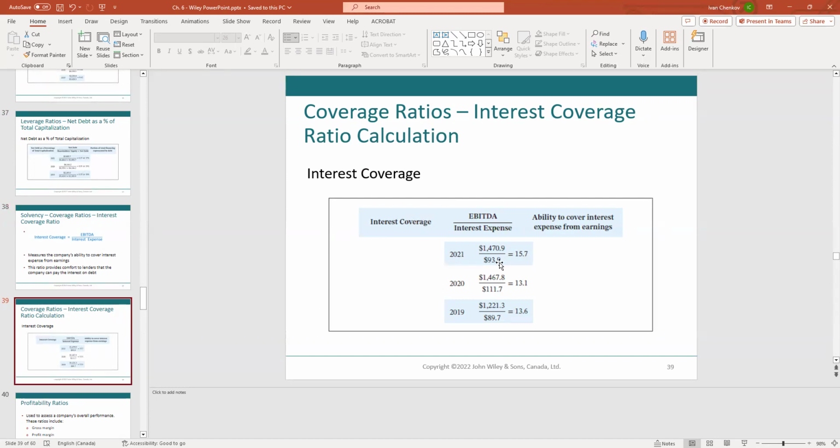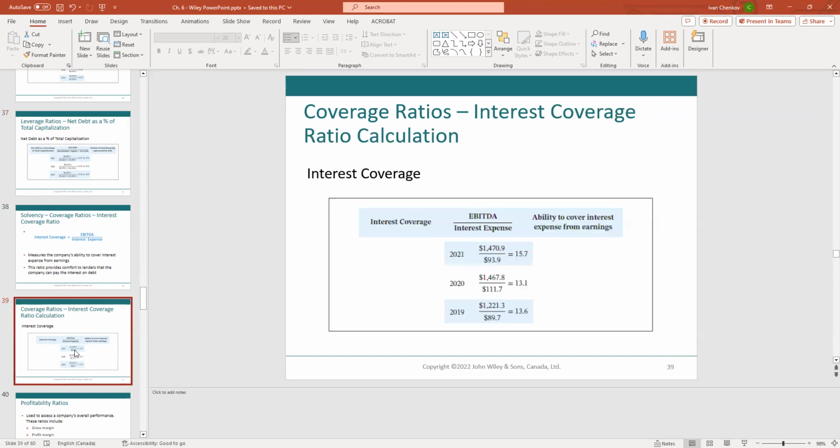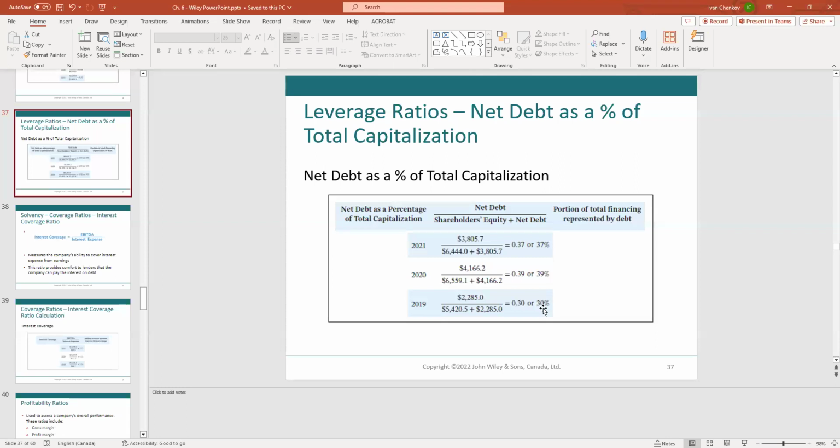Are we in good shape? Yes. What that means to us is that even though we increased our debt by 7%, we have no problems paying our interest expense. In fact, we can pay our interest expense 2 times more than in 2019, when we had 7% less debt.